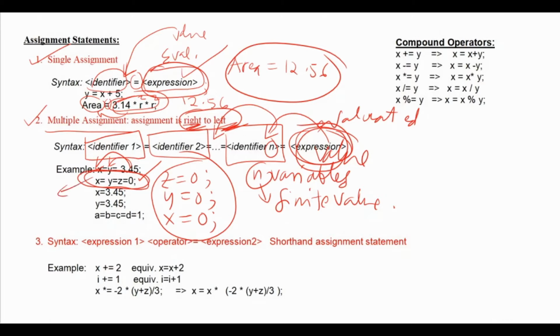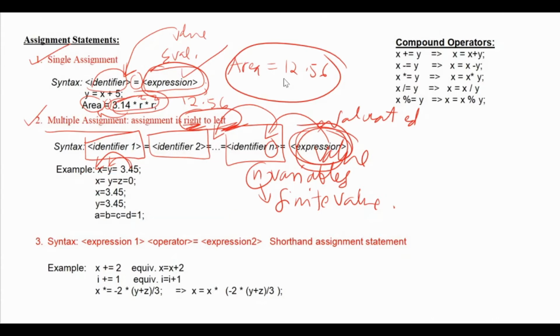So this is preferable, the one line multiple assignment statement. So the first to be assigned is z because it is from right going to the left. So it is z that is set to 0 first, second, y is set to 0, and lastly, x is set to 0.